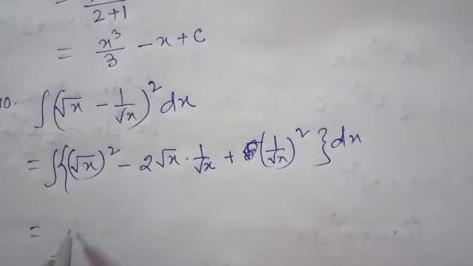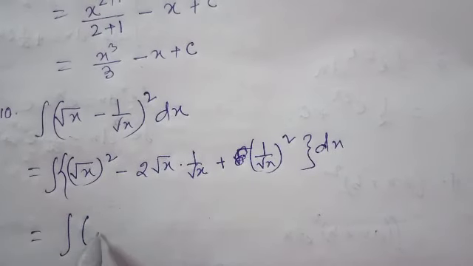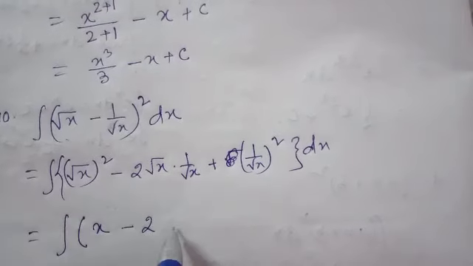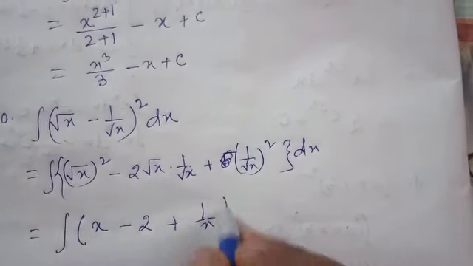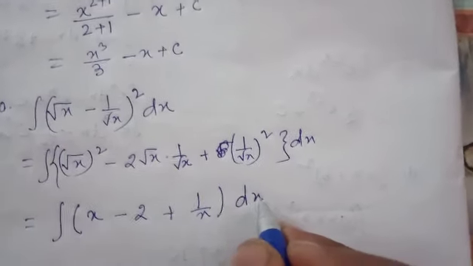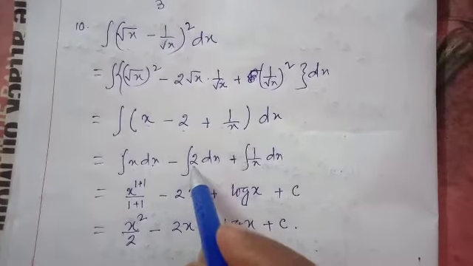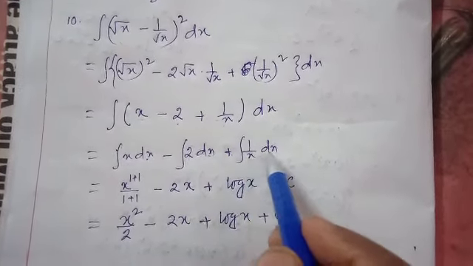So here integration of root x whole square, that means x, minus 2 root x into 1 by root x cancel out, plus 1 by root x its whole square, that means 1 by x dx. So integration of x dx minus integration of 2 dx plus integration of 1 by x dx.